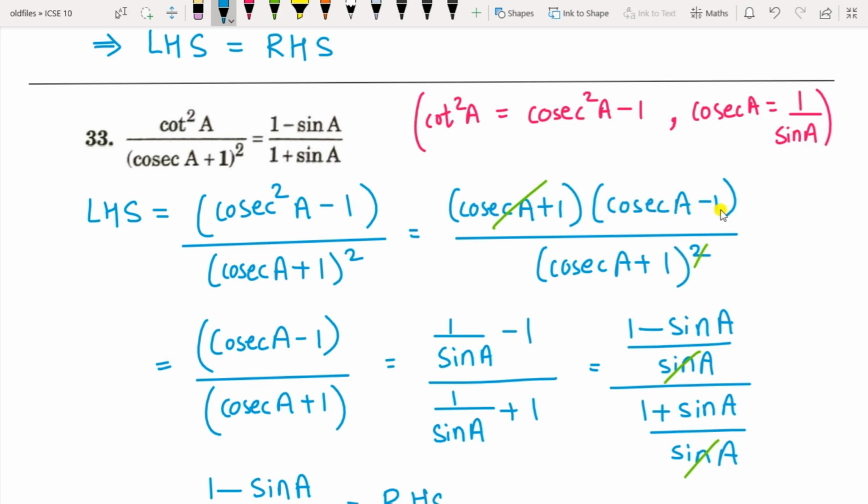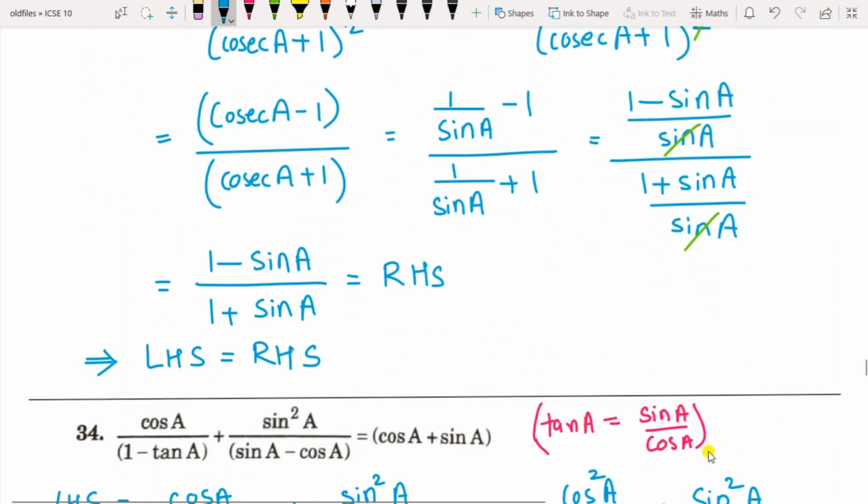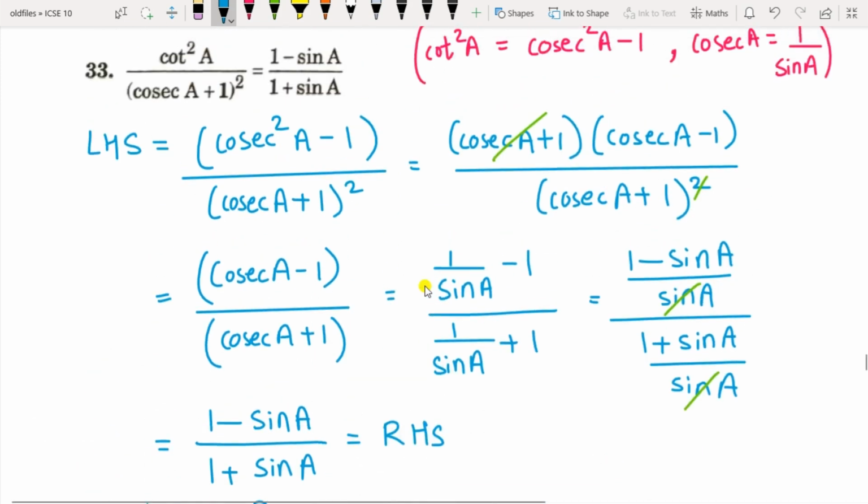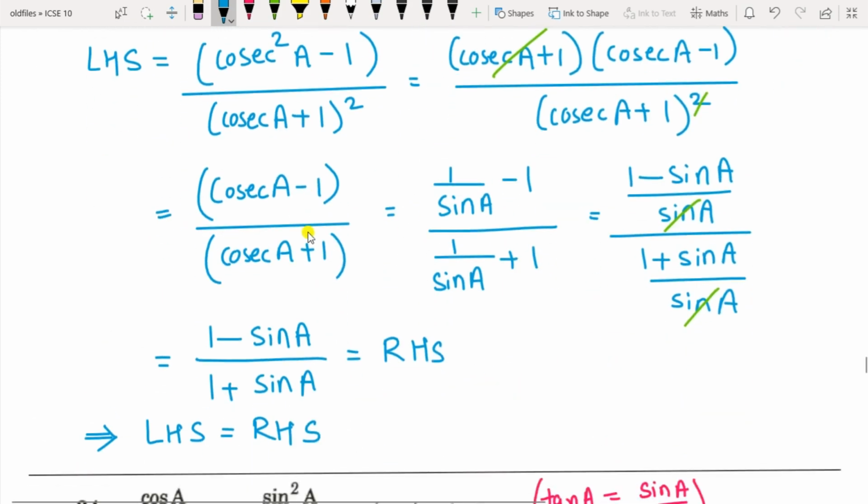Cosec A minus 1 and cosec A plus 1 in the numerator and denominator. Now in place of cosec, substitute 1 upon sin. Take the LCM of sin. So this sin from the denominator will get cancelled. It will be 1 minus sin A and 1 plus sin A. That is your RHS. Okay. So LHS equal to RHS.